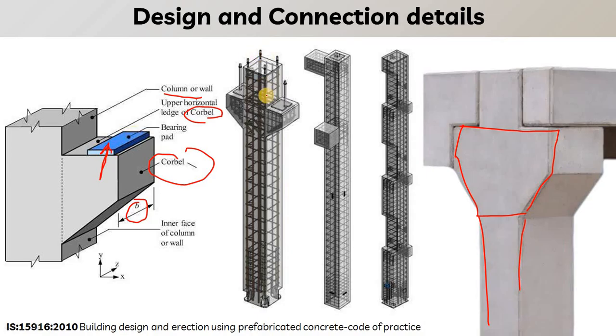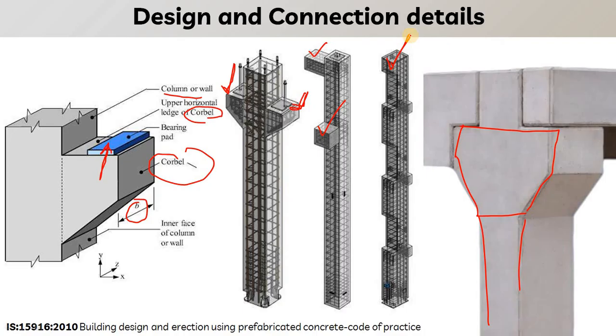Now let us see what types of corbels can be provided. The corbel can be single or both sides. We can also provide different sizes of corbel in different orientations and directions, and we can also make multi corbels in case of special structures.